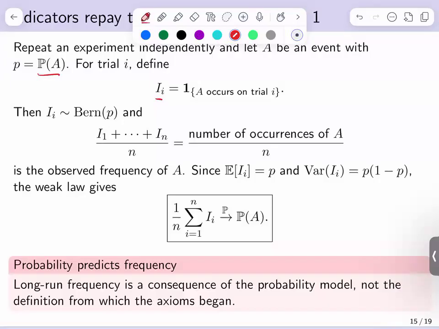If we have independent trials, it means that these are independent. Then if I look at their average, this is basically the frequency of occurrence of that event, and that would converge to the probability. So this is a very nice conclusion within the theory of the frequentist idea.